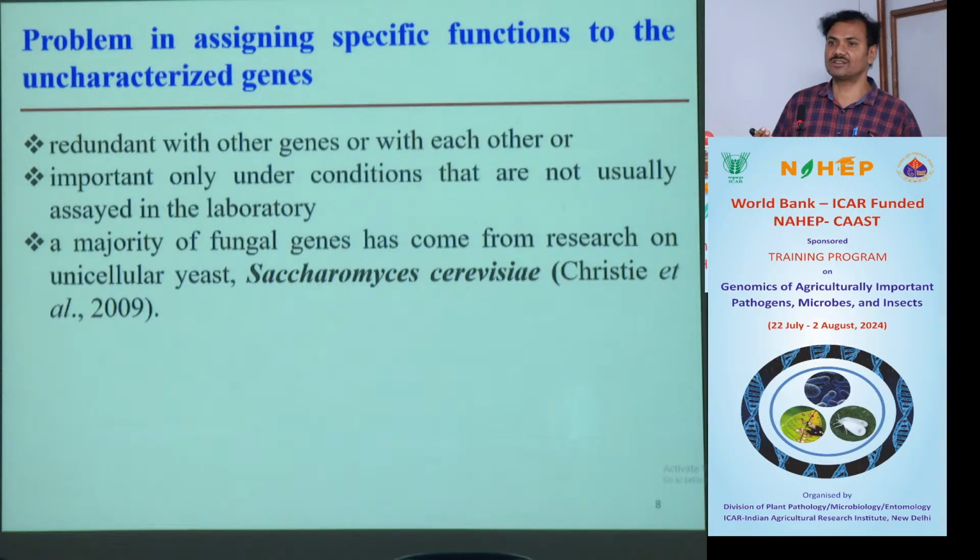And the other thing is, most of the gene function annotation in the pathogenic fungi we are doing based on comparison with the model fungus, that is Saccharomyces cerevisiae, which is well characterized. In the previous lecture you might have heard about yeast genomics also. So maybe in Saccharomyces it is not annotated because of that reason. Here also it is not annotated.